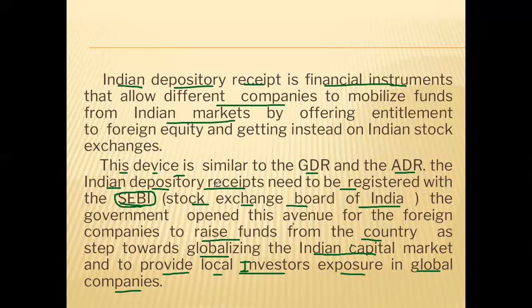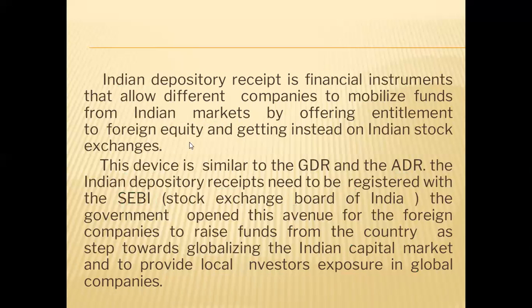By sitting in India only, they can make investments in foreign companies. So by opening the Indian depository receipt form of investment, the government has achieved these two things: it has globalized the Indian capital markets, because foreign companies can come to India, and Indian investors get an exposure in the global market.